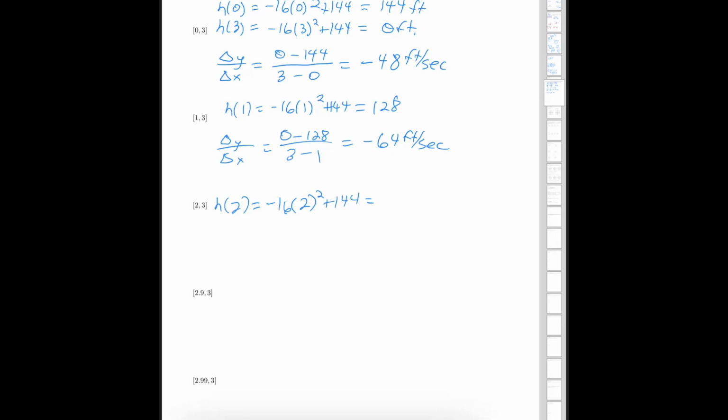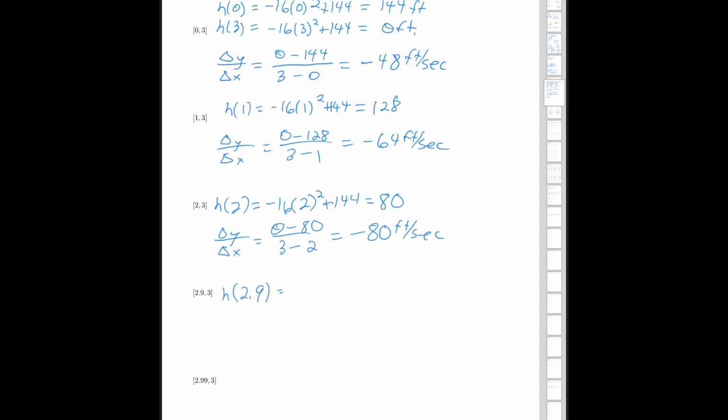Sorry, I'm changing the wrong thing. The average rate of change is 0 minus 80 over 3 minus 2, which would be negative 80 feet per second.